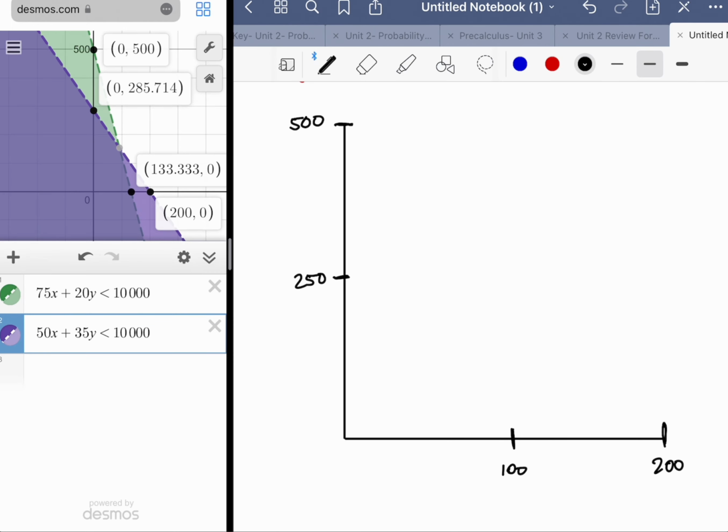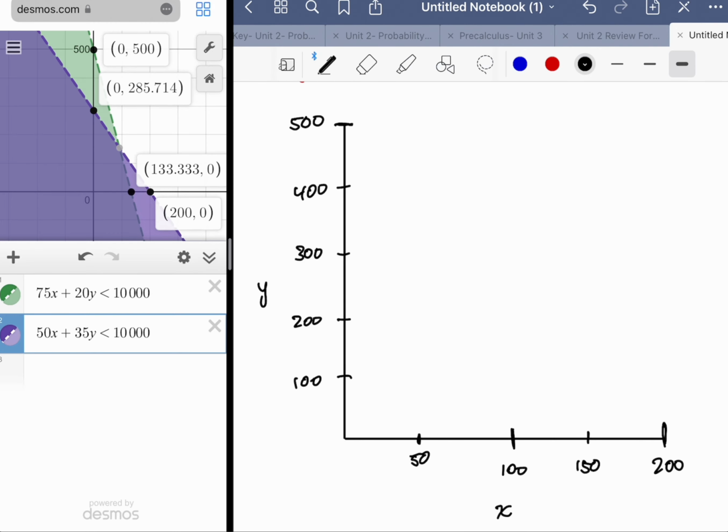If I want, for the 500, I could even go 1, 2, 3, 4, something like that. These are my y's, these are my x's. Maybe throw in some 50 and 150 values here. Just give it a little reasonable scale here.